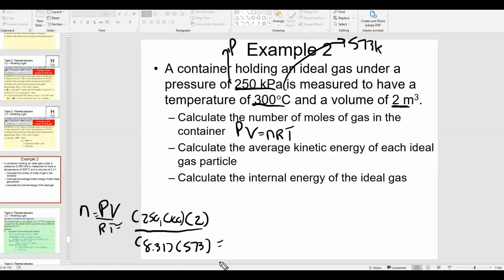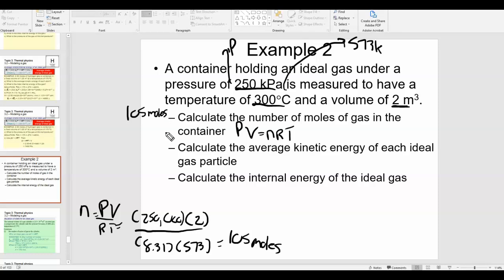So 250,000 times 2, divide by 8.31, and then divide by 573. And I get 105 moles of this gas. That's the answer for the first question, 105 moles.